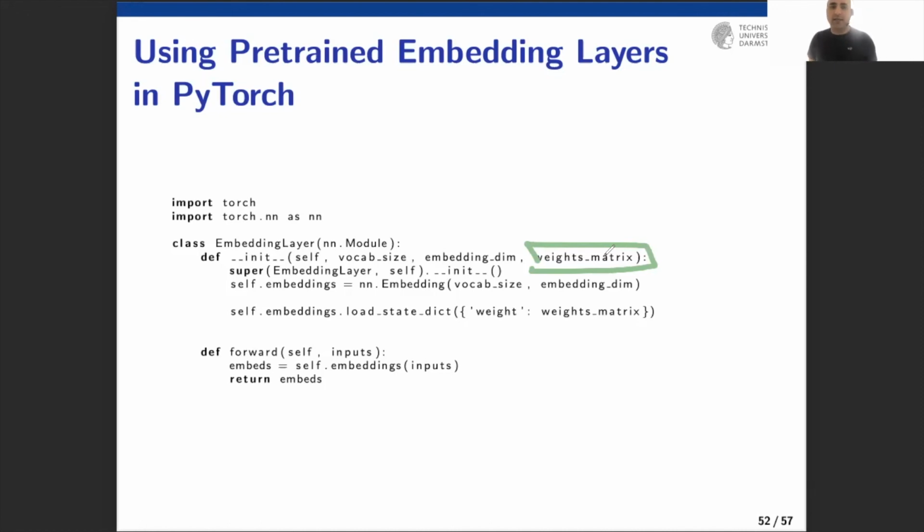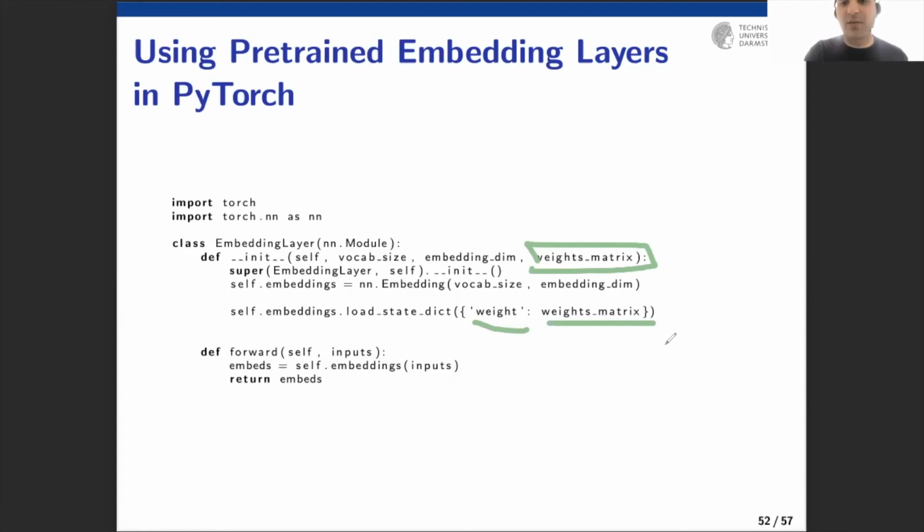So you get it as the input, and when you are defining your embedding layer, you first initialize that randomly, and then you load these parameters in your embedding layer. So you say that in the embeddings that we have, we load the weights or the parameters of the layer with the matrix that we received as the input.